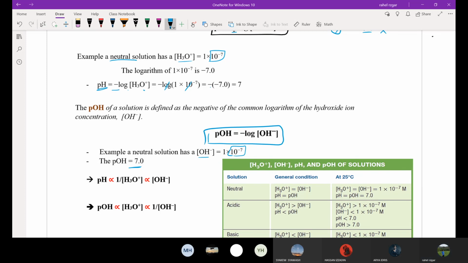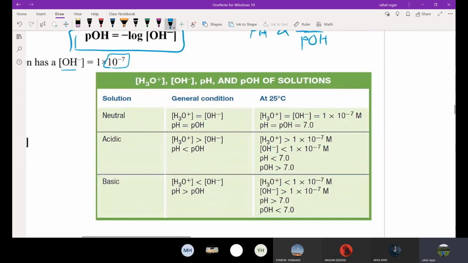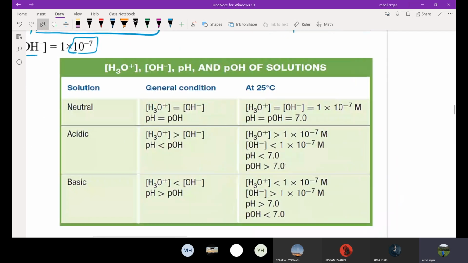And of course pH and pOH are inversely proportional. If pH is higher, pOH is lower. They're exactly opposite of each other, same scale but opposite numbers. Let's see how. Let's look at this table, it clarifies everything.